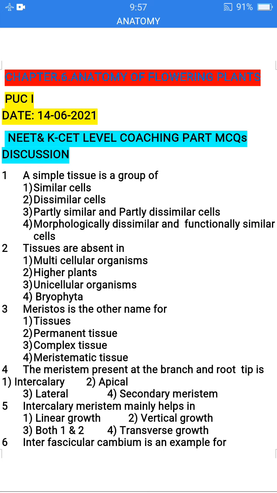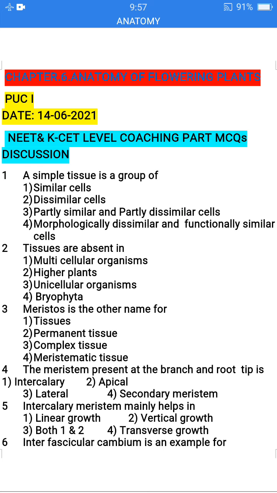Understand? So we can see tissue organization in higher level organizations. So what are those? Multicellular organisms like humans, plants and animals, and higher plants.